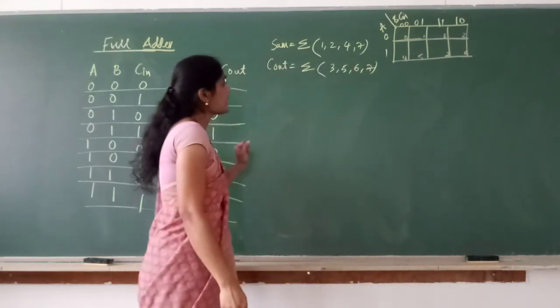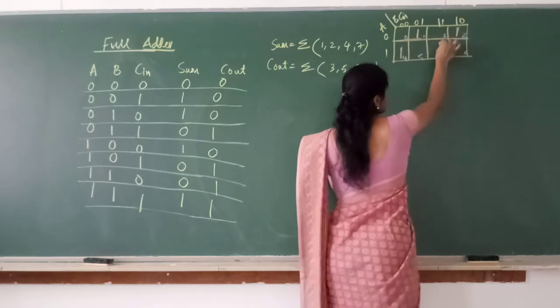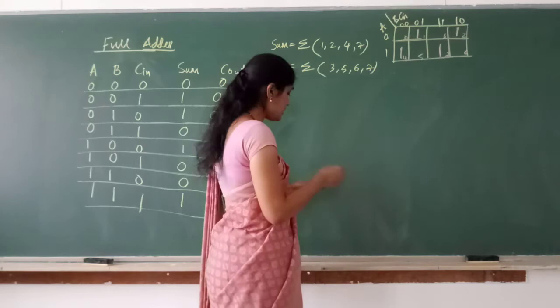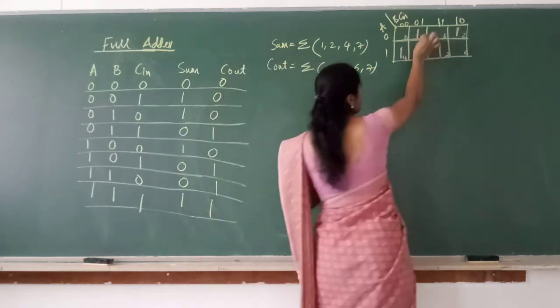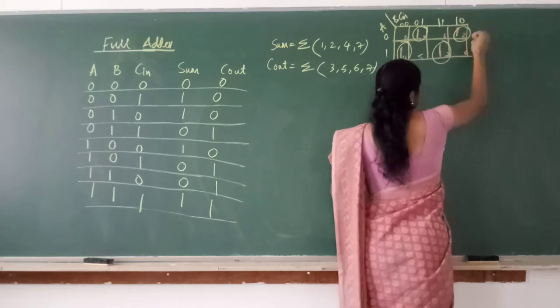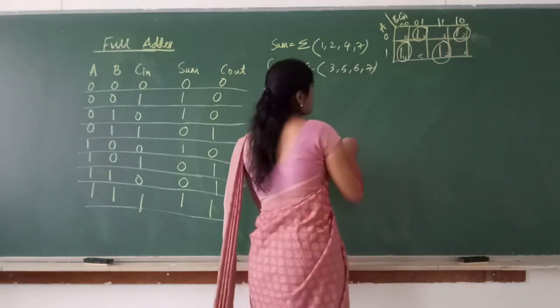What are the terms we have? 1, 2, 4, 7. Are any cells adjacent here? No, right? I have to group 1 alone, 4 alone, 7 alone, 2 alone. So what is the equation we are going to get? You can write the equations directly.